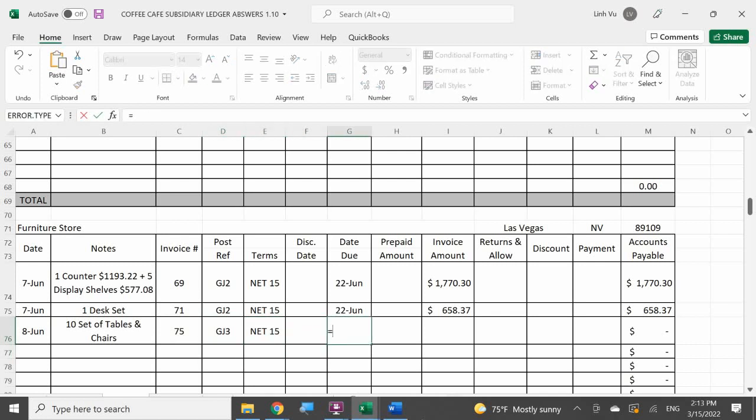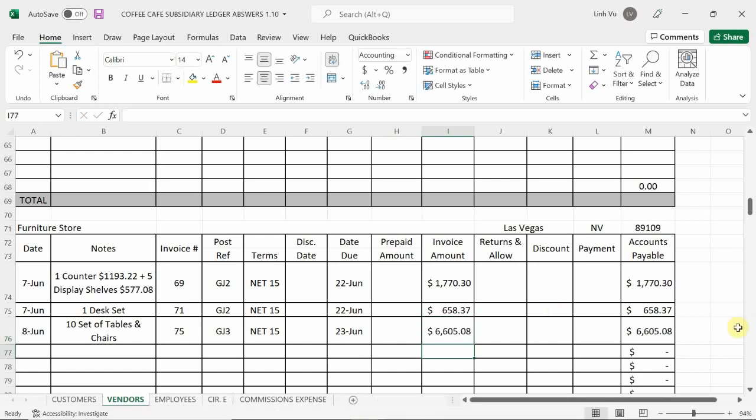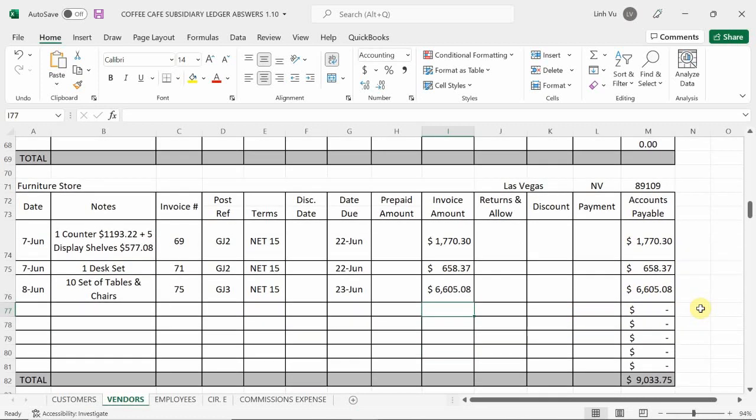So therefore, when is my bill going to be due? On the 23rd. On the 23rd of June, for a total of $6,605.08. So, since I already dragged the formula down, now I owe Furniture Store a grand total of $9,033.75. So I owe them a lot of money. Okay?